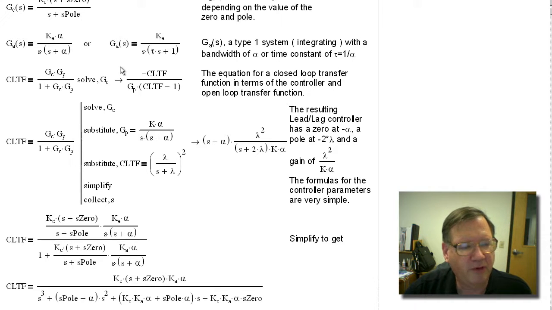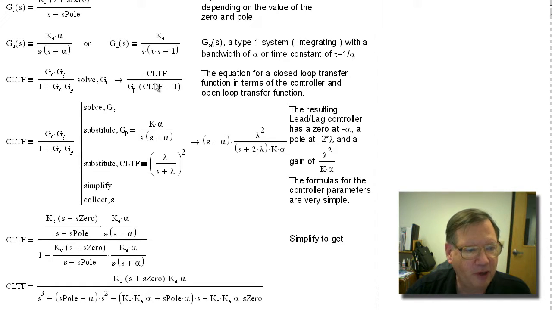So the first thing I'm going to do is start out with the basic formula for a closed loop control. So we got the controller, the plant or actuator, and what we're going to do is solve for the controller. So we get this equation. So now, since we know the plant or the actuator from above, all we have to do is specify the closed loop transfer function that we want.